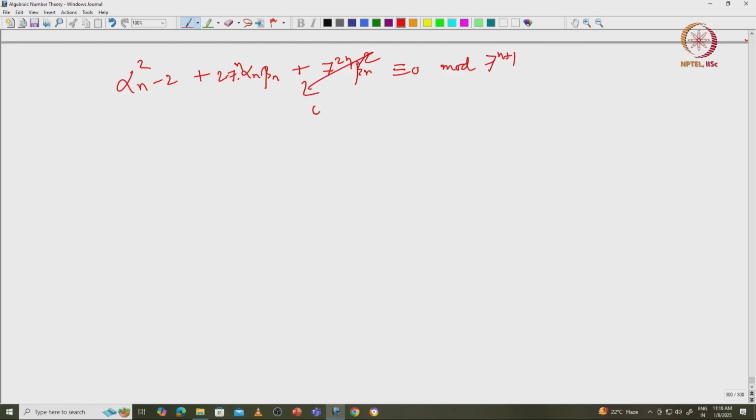But the last term is 0 mod 7 to the n plus 1, and the remaining terms are divisible by 7 to the n. So, I can rewrite this as alpha n squared minus 2 over 7 to the n plus 2 alpha n beta n is congruent to 0 mod 7.